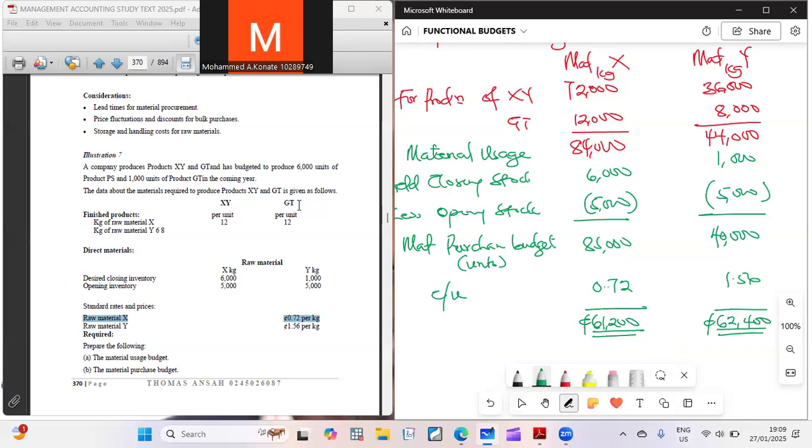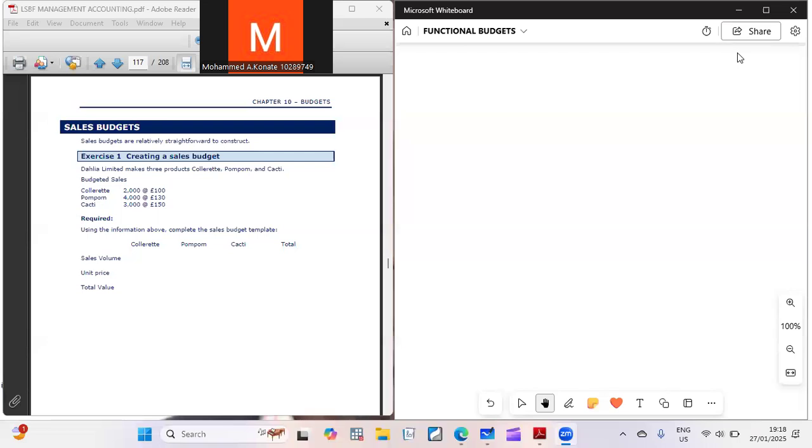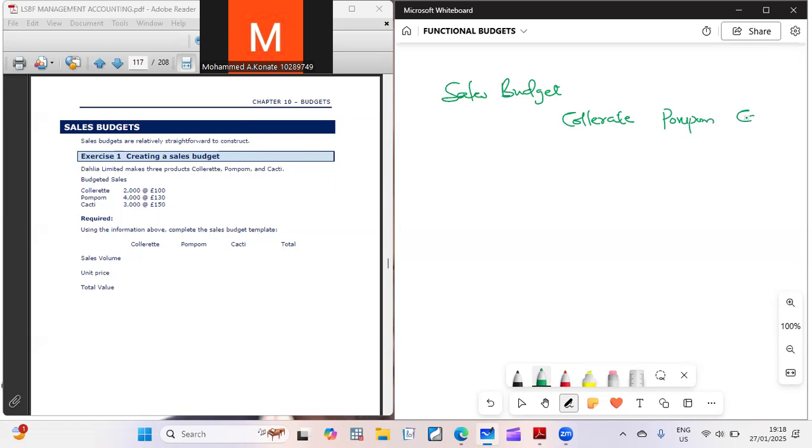Before we take a look at the labor budget, I want you to do this question for me. So let me bring one for you to do. With this example, all is the sales budget, right? There are how many products? Colorate, pompon, and cat tea.